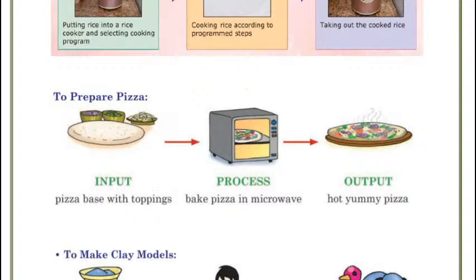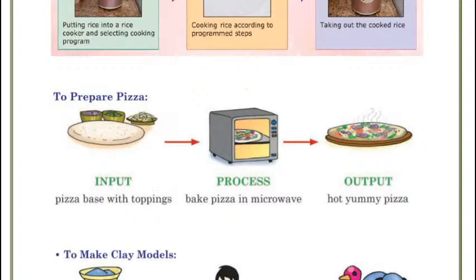For preparing the pizza, what are the requirements? Here we have taken flour, all the vegetables and all the masalas required. All these are called the ingredients. All the ingredients are called the input.